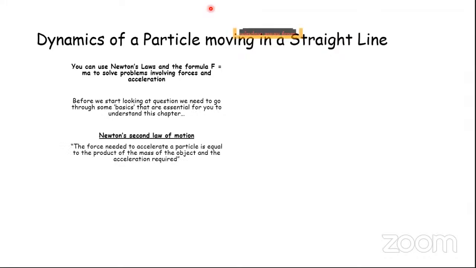So I'm saying the force needed to accelerate a particle is equal to the product of the mass of the object and the acceleration required, which is Newton's second law of motion, F equals MA. So that is what we shall majorly use today in our discussion. So force is measured in newtons, which is the standard unit.